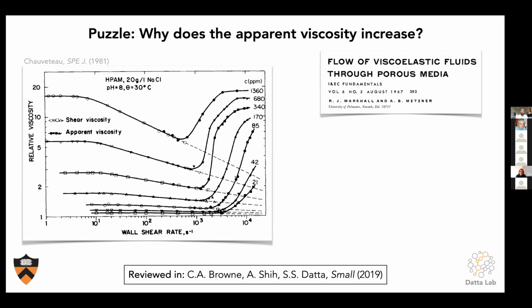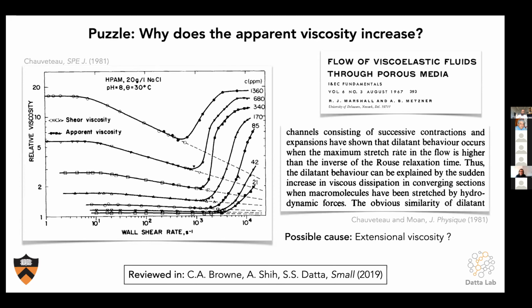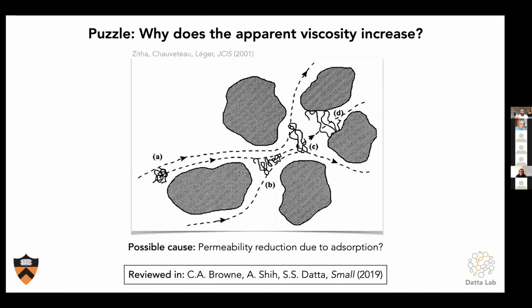And so there have been many explanations proposed over the years, right? The original explanation was maybe, as the polymer solutions move through these tight converging channels inside the pore space, the polymers get stretched out, which gives rise to some extensional viscosity. Maybe that's what's going on, right? But there's been no direct tests of that.